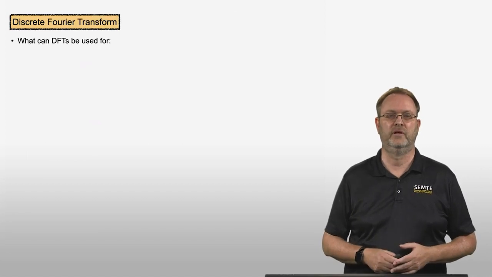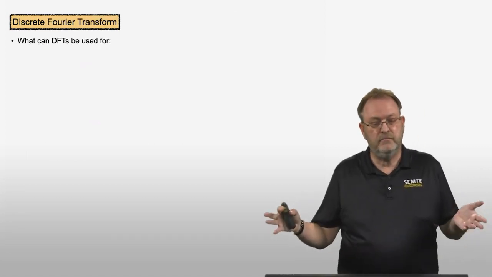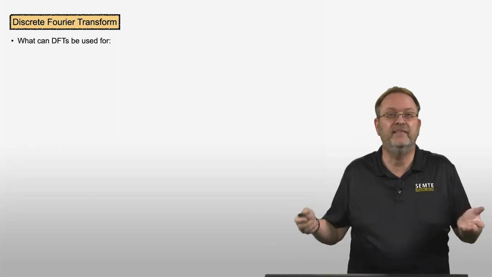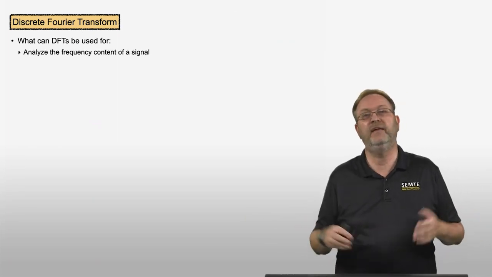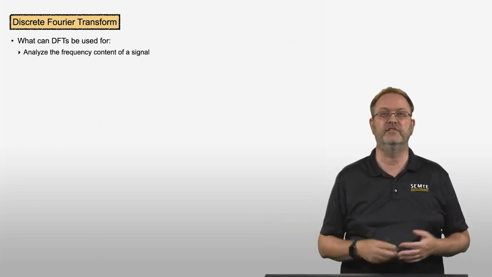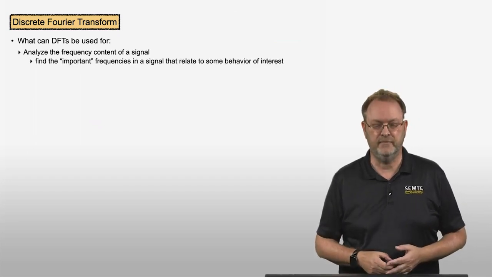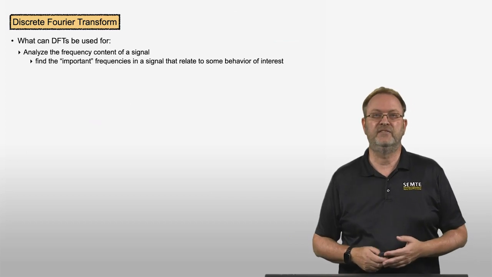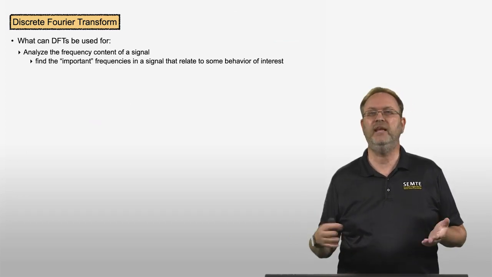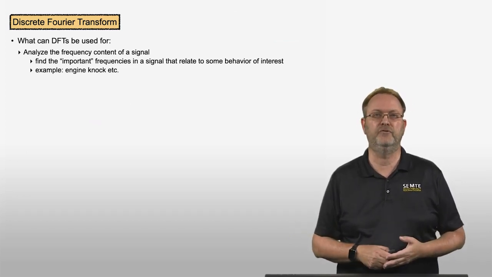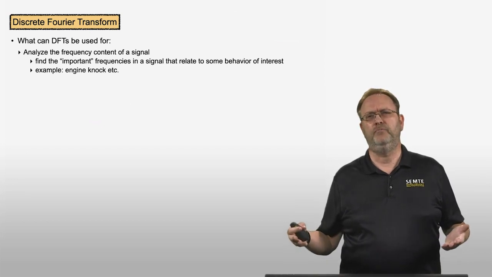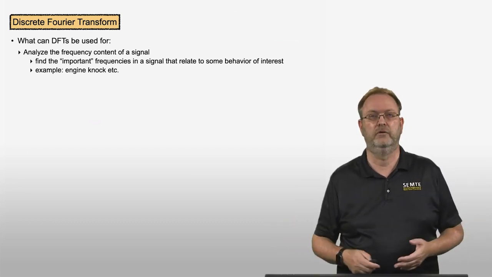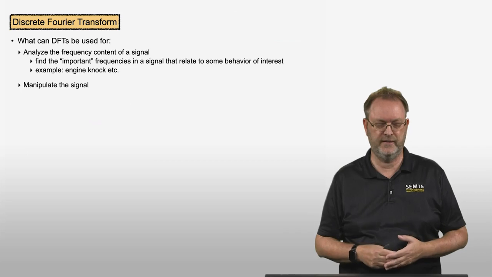So k equal to 1 in a power spectrum corresponds to a frequency of 0.2 hertz. Now, what can the discrete Fourier transforms be used for? Well, they can be used to analyze the frequency content of a signal. So we could find the important frequencies in a signal that relate to some behavior of interest. For example, that could be engine knock, some frequency audio signal.